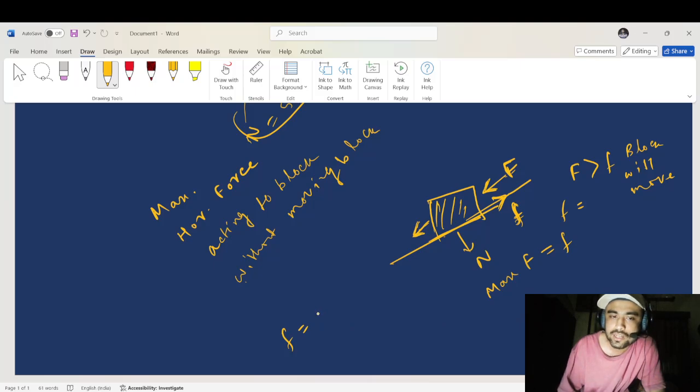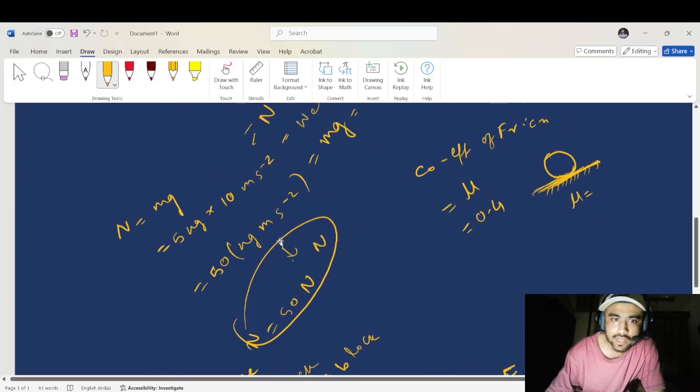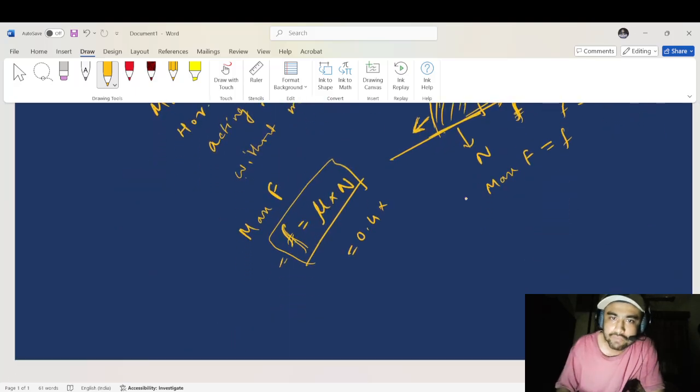So what is small f basically? Mu times N. This is the formula. Max F, the maximum applied force, is equal to small f, which equals mu times N, which is 0.4 times 50 Newton.